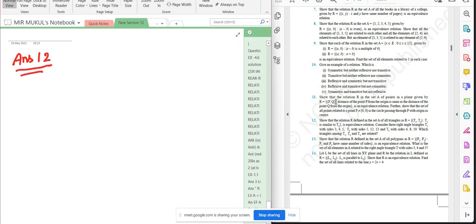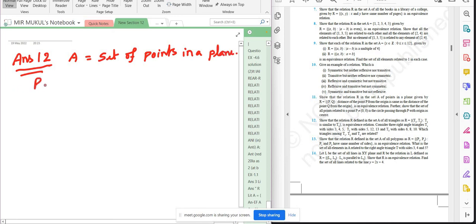Question number 12. Show that the relation R in the set A of points in a plane is given by, so here show that the relation R in a set A of points in a plane. So A equals set of points in a plane.